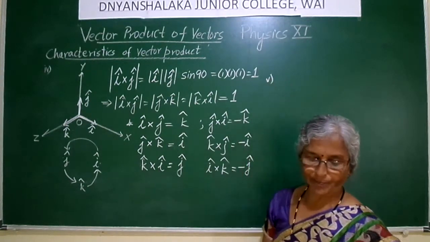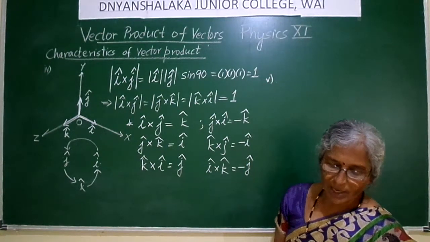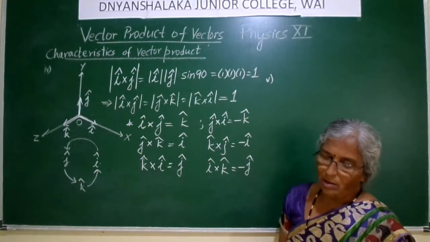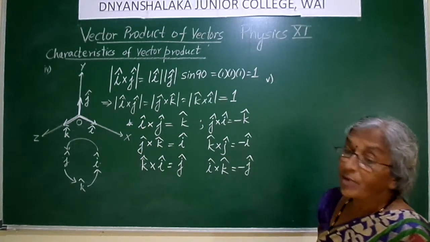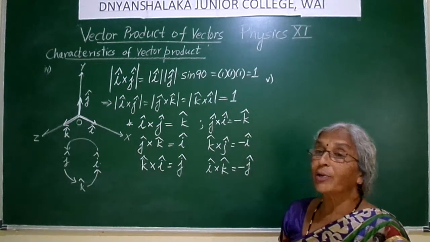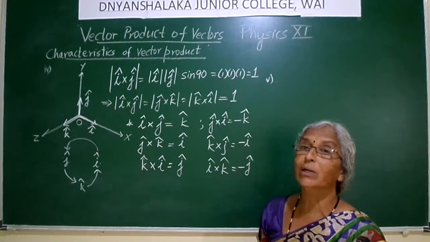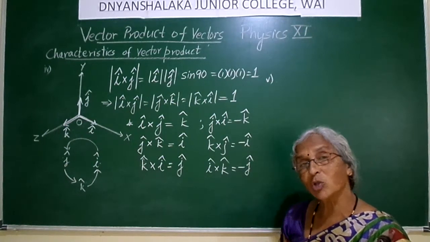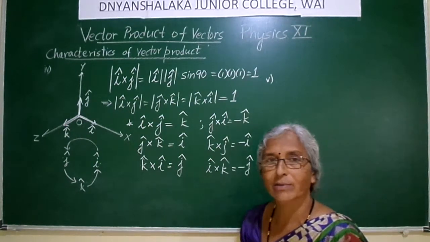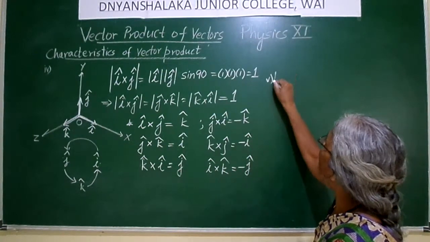Fifth property. Now what we have to prove? We will get the value of the cross product of two vectors, vector p and vector q, in their resolved component vectors. So what am I taking?